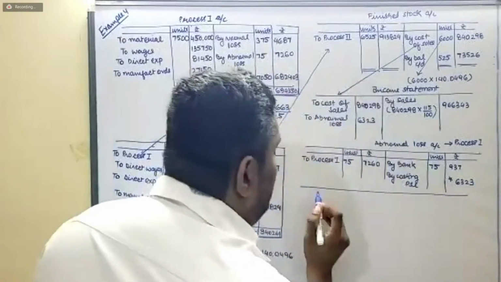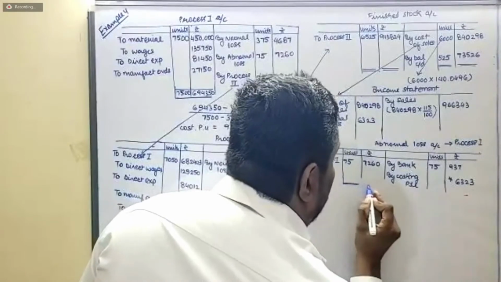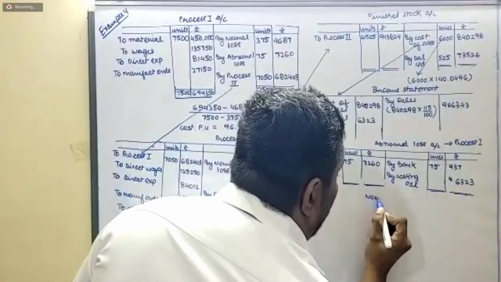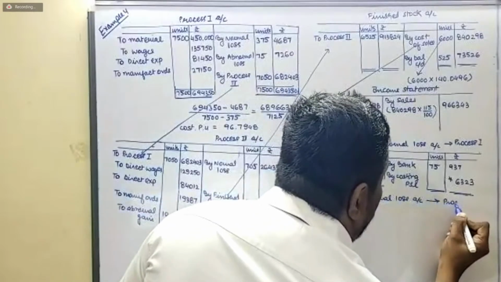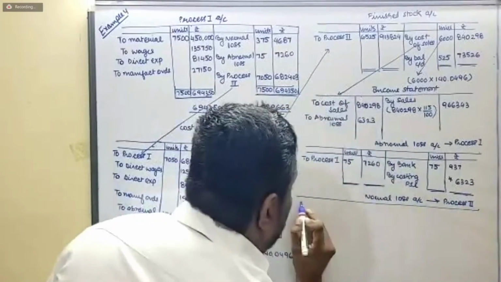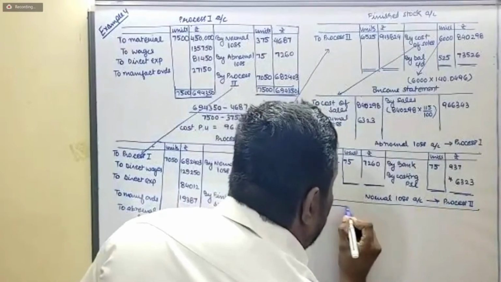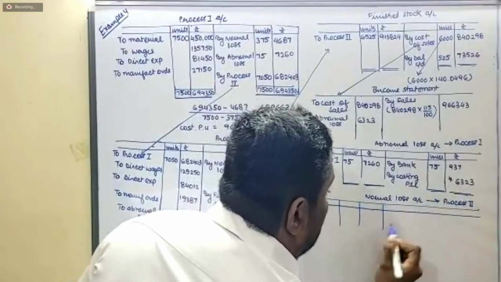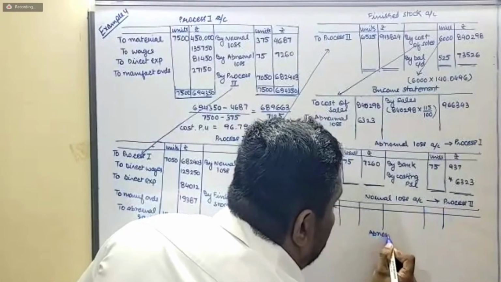Next, we'll prepare normal loss and abnormal gain account of process second.